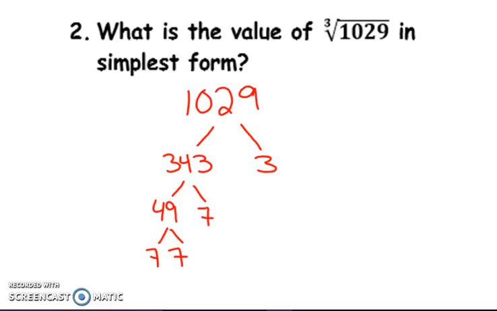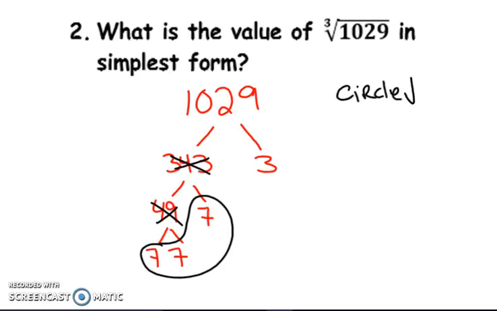From here, I'm going to cross out all my non-prime numbers. So we have 49 and 343. If I circle my triplets, well, I have triple 7's. And I don't have anything else to go with the 3. So, again, we want circled on the outside and not circled on the inside. So in this case, we circled a 7, and we did not circle a 3.